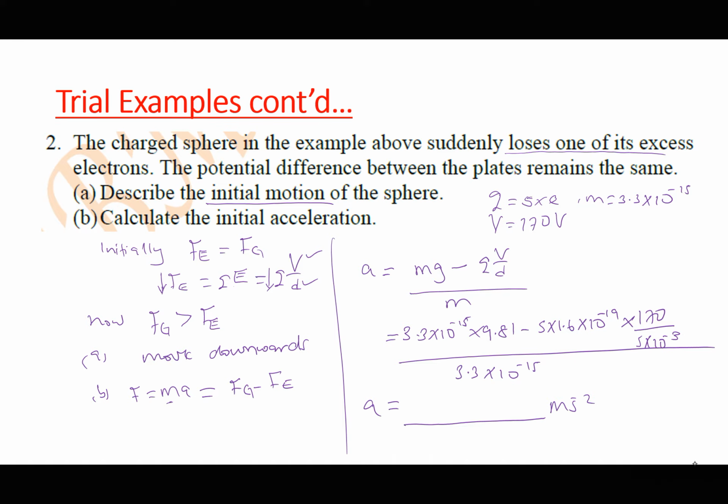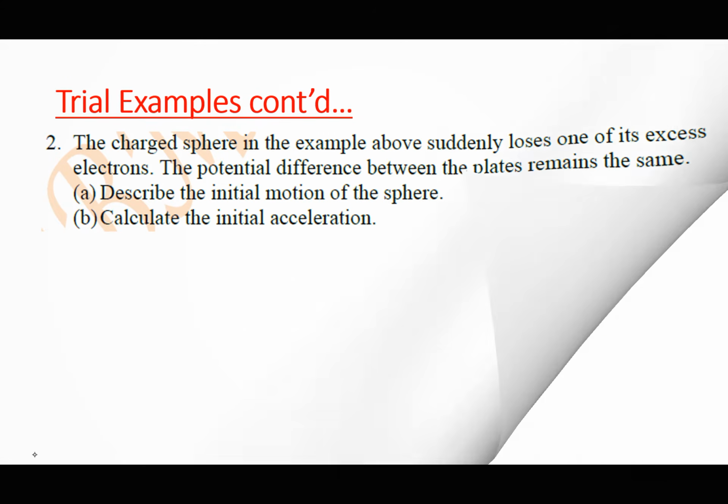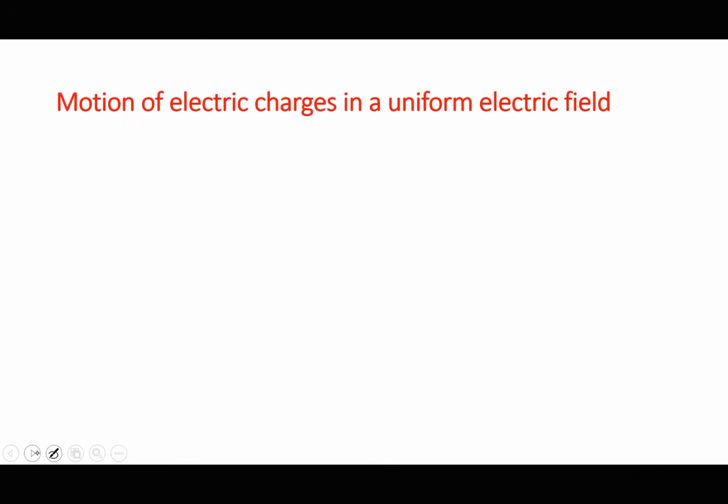let us now look at the motion of electric charges in a uniform electric field. How do electric charges behave in a uniform electric field? A charged particle at rest, even though it is moving along the direction of an electric field, will still experience an electric force.